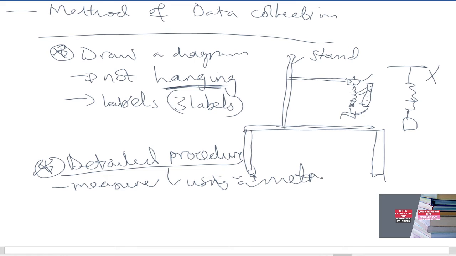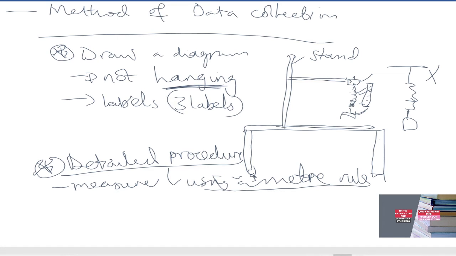It's very important to list the apparatus being used to measure L. Don't say just measure L. Say measure L using a meter rule, measure small t using a stopwatch. The instrument used in the measuring process must be mentioned as well.